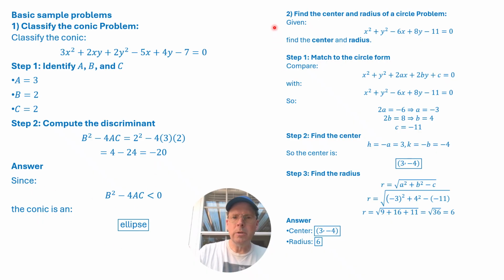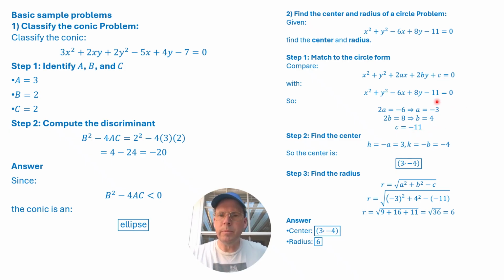And then another one, find the center and radius of a circle problem. Given an equation, find the center and radius. Okay, match it to the circle form. So then you can see 2A is equal to minus 6 right there, so A is minus 3. That 2B term is equal to 8, so B is equal to 4.